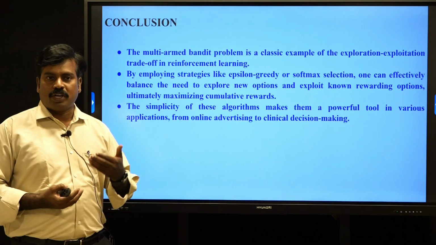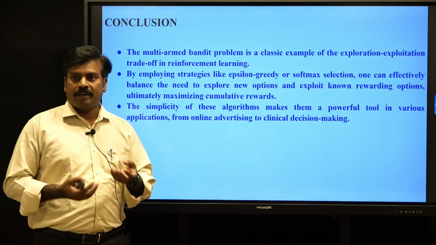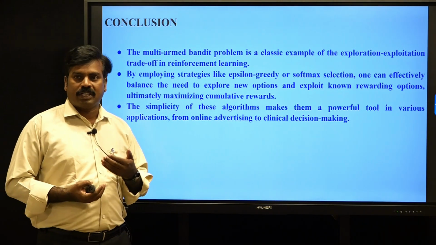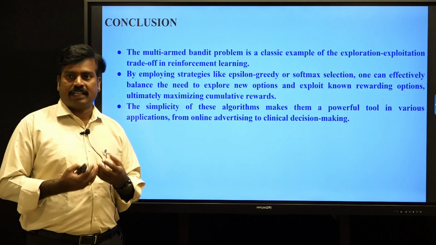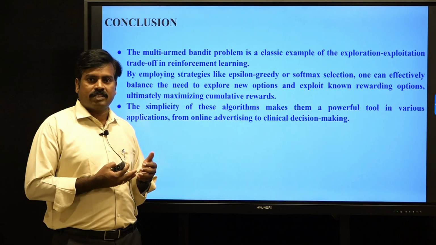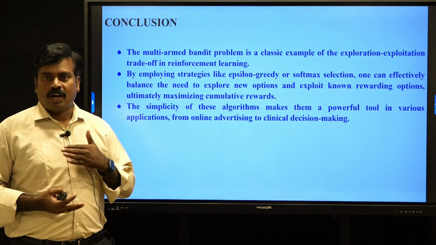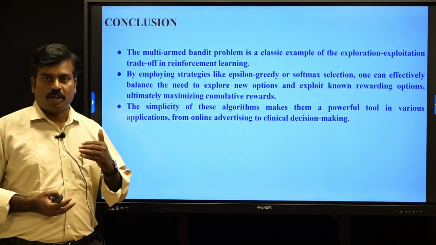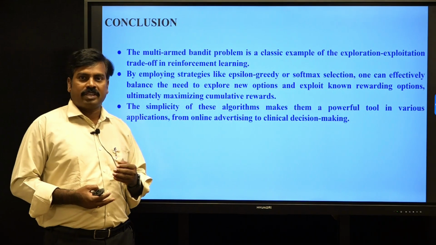Exploration means finding out new values, and exploitation means using the knowledge we have to get the best one. And what are the strategies to balance exploration and exploitation? In this class I explained epsilon greedy and softmax. Okay, in the next sessions I will explain the epsilon greedy and softmax methods in more detail.